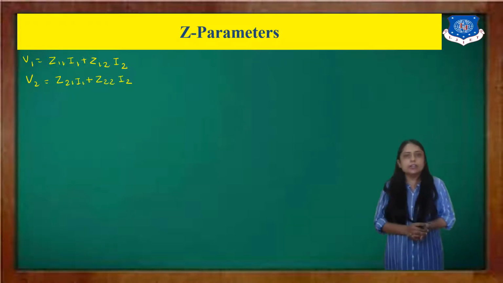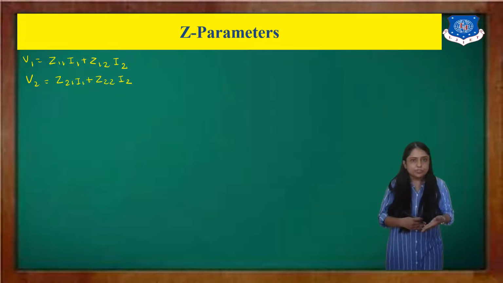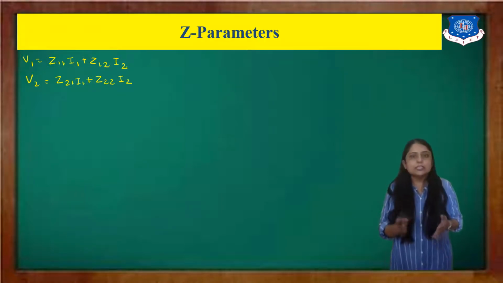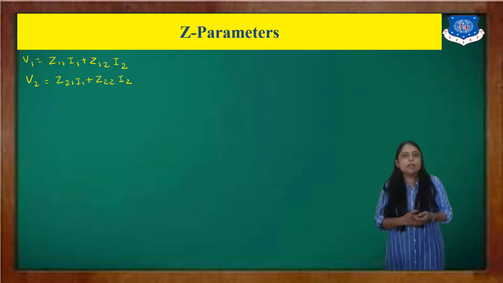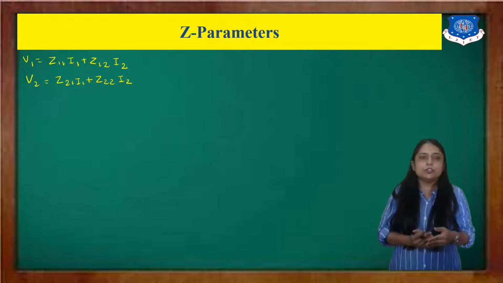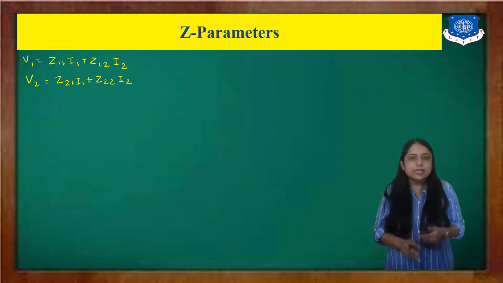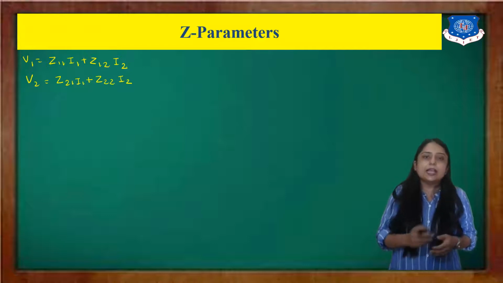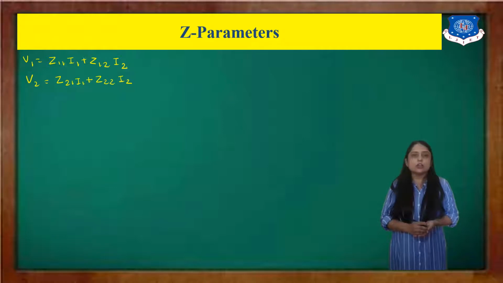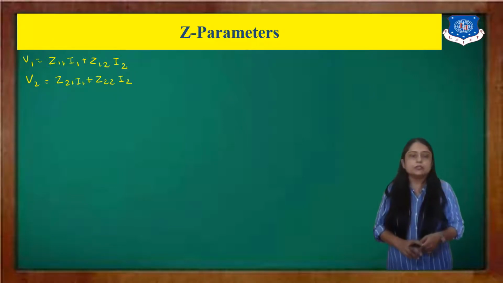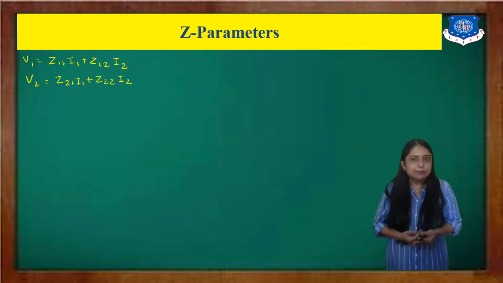Here we have equations giving the input voltage and output voltage as a combination of input current and output current, where Z11, Z12, Z21 and Z22 are known as Z parameters. As we know, Z is impedance, so these are known as impedance parameters.